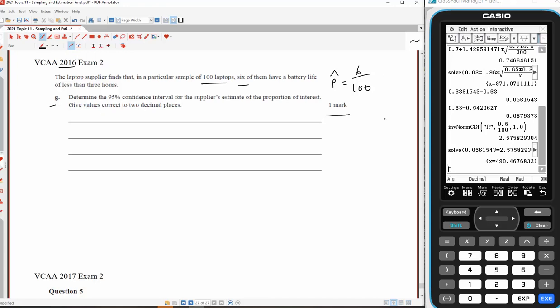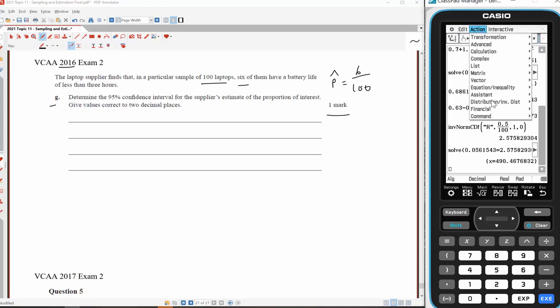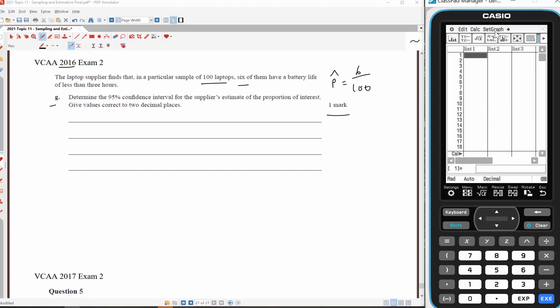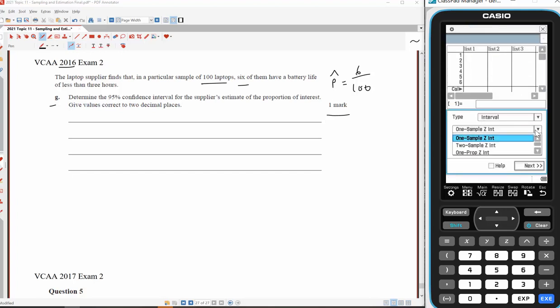So this is straight into stats on this one. So, oh, that's not stats. There's stats there. So 1 prop Z. We want the 95% confidence interval, so 95. The number of laptops is 6 out of a possible sample size of 100.